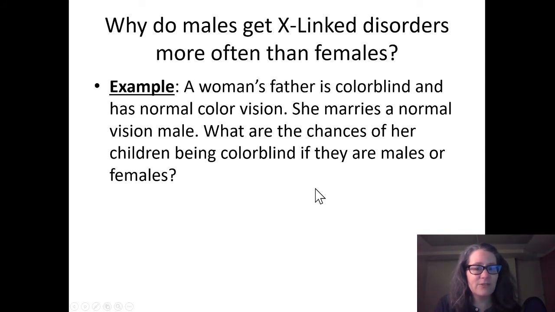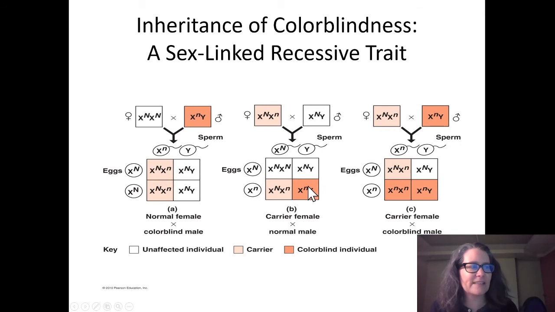All right, so moving forward, this is showing the possibilities of different parents. With a homozygous normal female and a colorblind male, you can see everybody is normal because the mother gives that normal X to each of them. It's only in this case right here and right here where we get colorblindness.